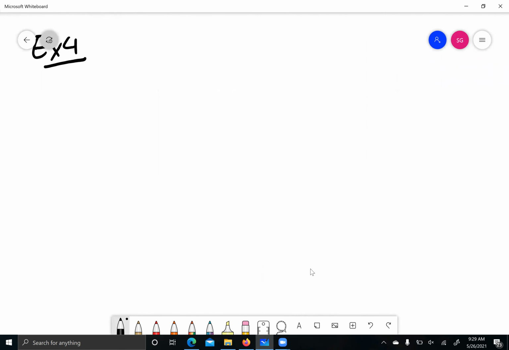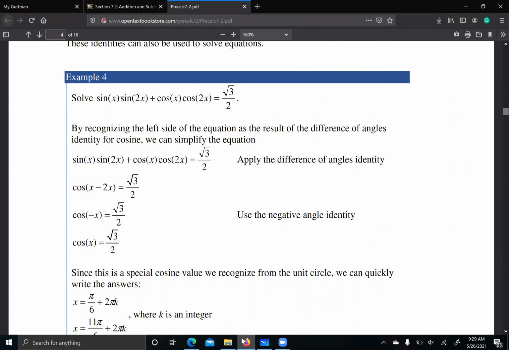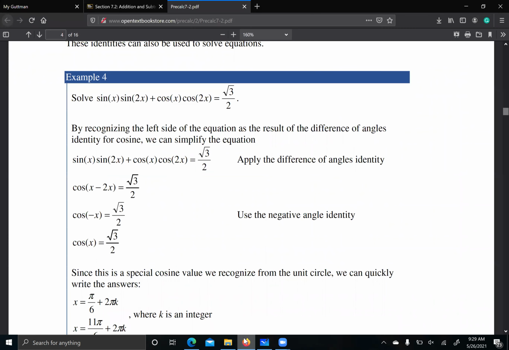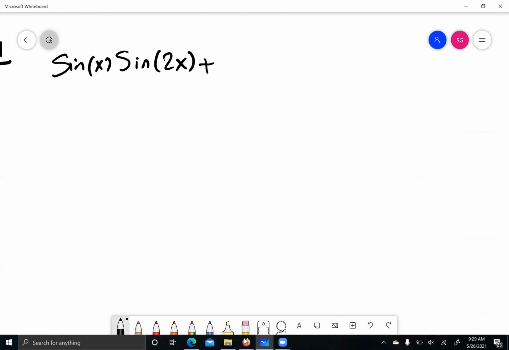The equation is sine of x times sine of 2x plus cosine of x times cosine of 2x equals square root of 3 over 2.